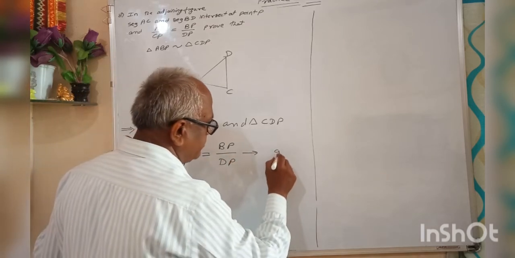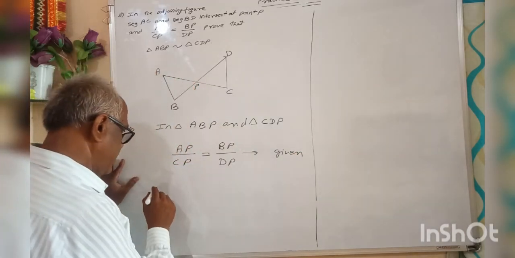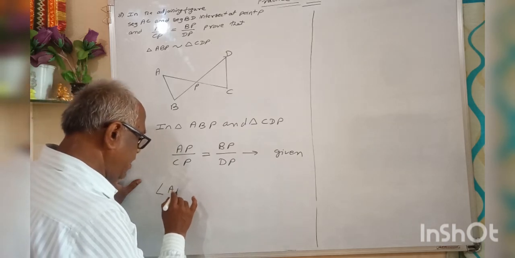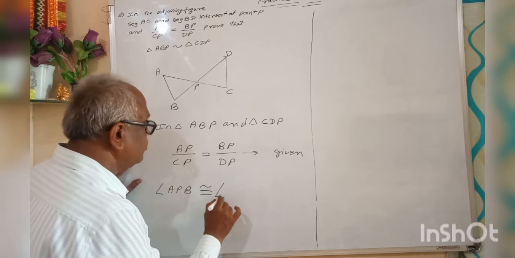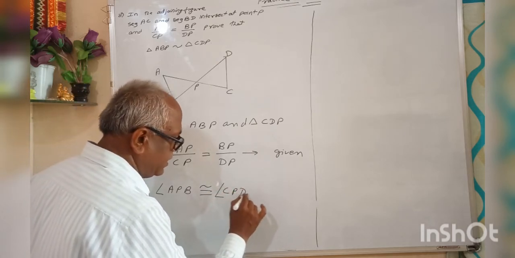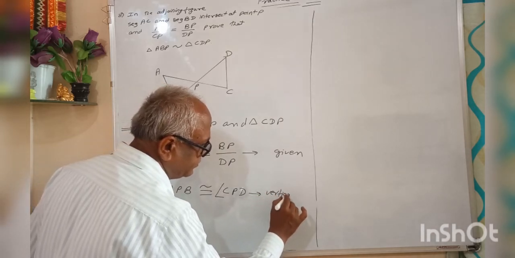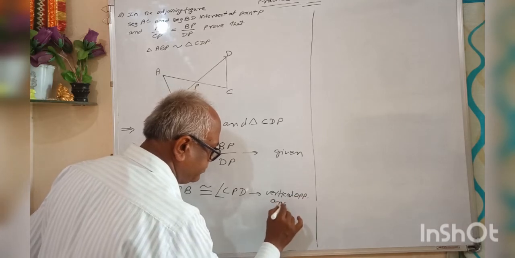It is given, that is sides are in proportion, and angle APB is congruent to angle CPD, that is vertical opposite angle.